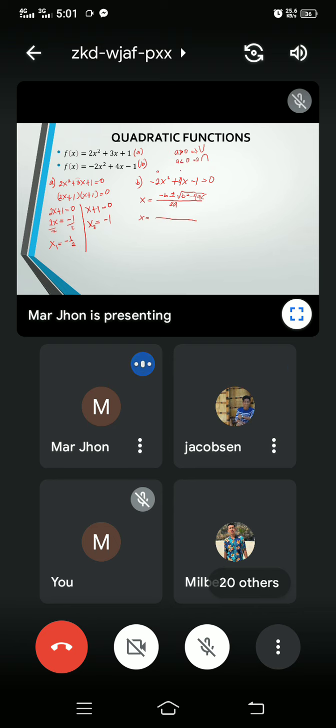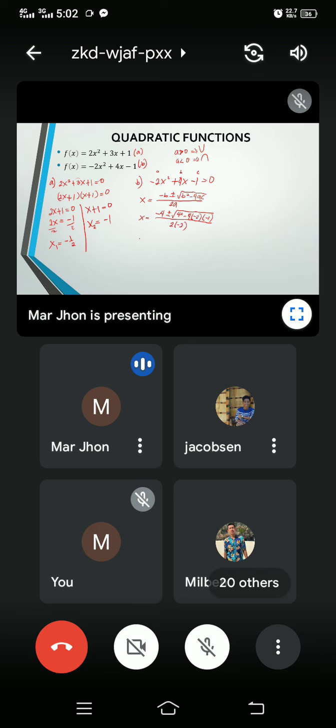It's a, b, and c, so carry all the signs. So negative 4 plus minus the square root of 4 squared minus 4 times a, which is negative 2, and c, which is negative 1, over 2 times negative 2.